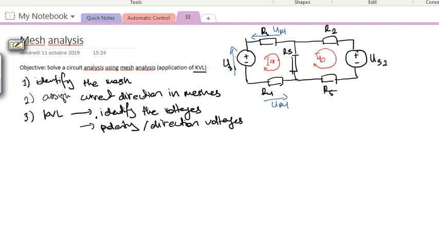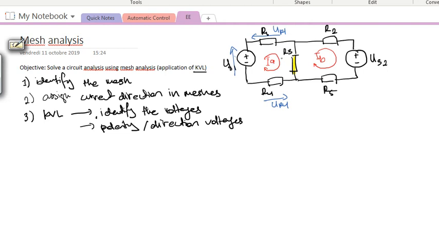Now there's a particularity on R3. R3 is affected by two currents. If you look at R3, there is current IA that goes across it, and there's also current IB that goes across R3. So in the first mesh, we assign the direction of the voltage that is affected by current IA.